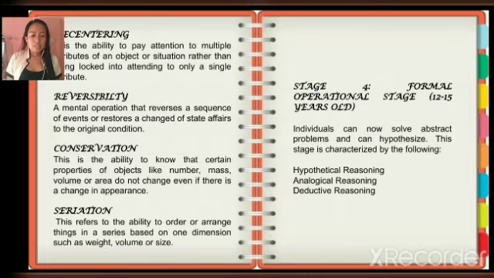Children begin using inductive logic, or reasoning from the specific information to general principle. So our key teaching strategies in this stage is to make sure that lectures and reading are brief and well organized.